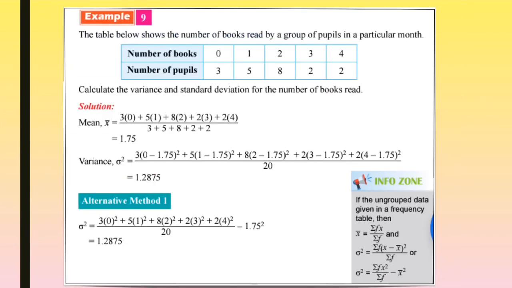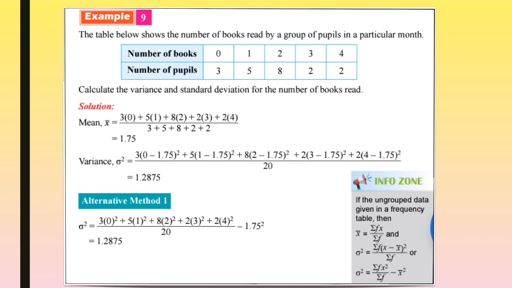Okay, for example 9, let's see. You are given a table showing the number of books read by a group of pupils in a particular month. You are asked to find the variance and standard deviation. For this one, because you have frequency, you need to take frequency times the data to find the mean: summation of frequency times data over the total frequency.